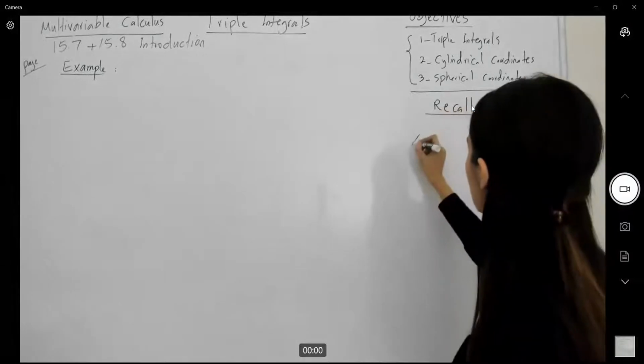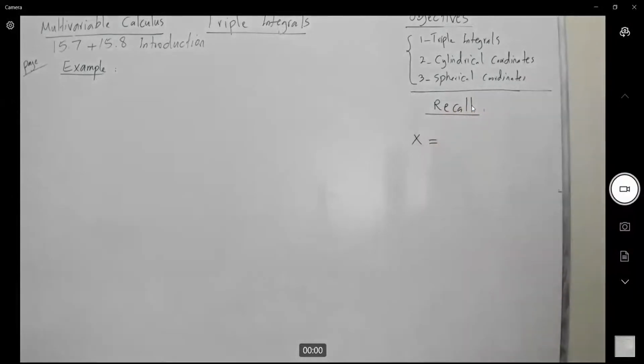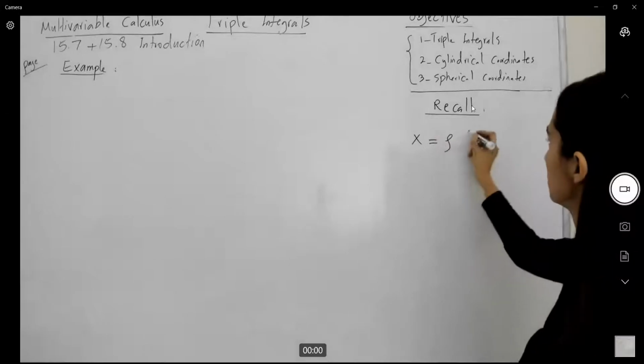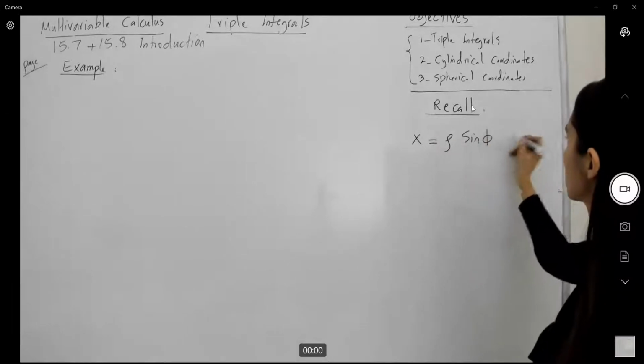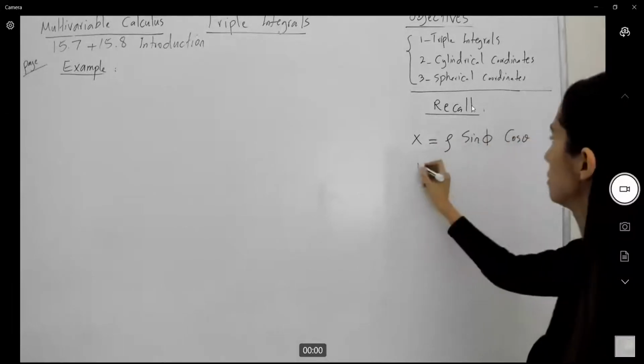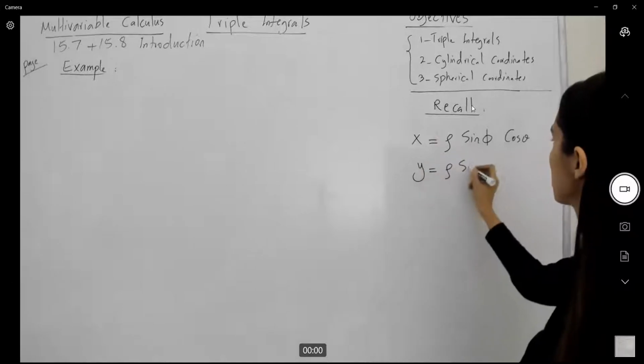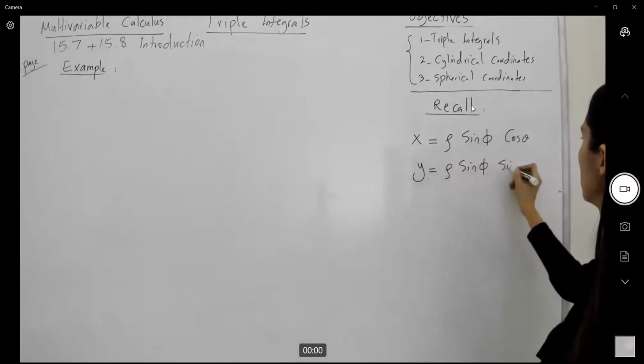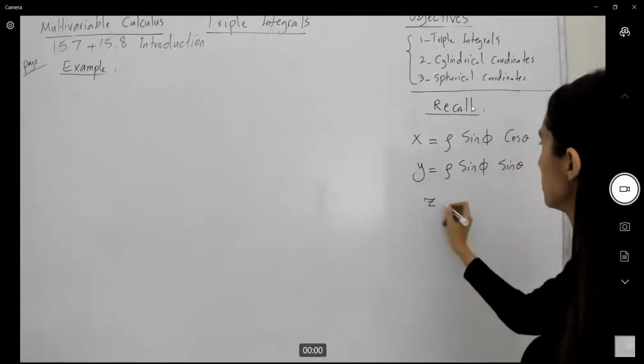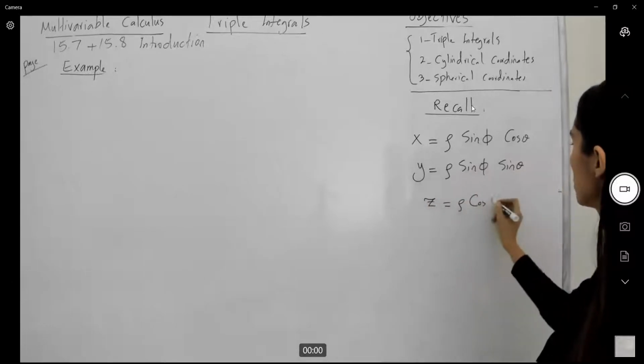We say that x is equal to rho sine phi cosine theta, y is rho sine phi sine theta, and z is equal to rho cosine phi.